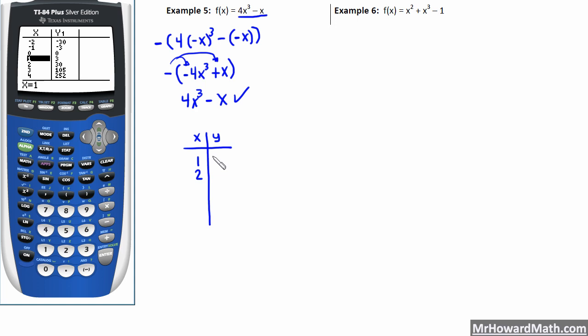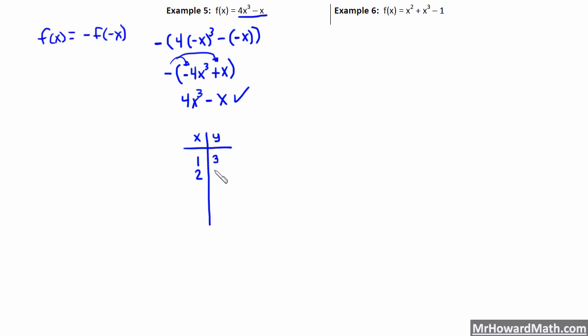So we have 3 here and 30 here. From our test, if this is truly an odd function, then we can take the opposite x coordinates, and the opposite x should be paired with the opposite y. So negative 1 should also be paired with negative 3 if this checks.